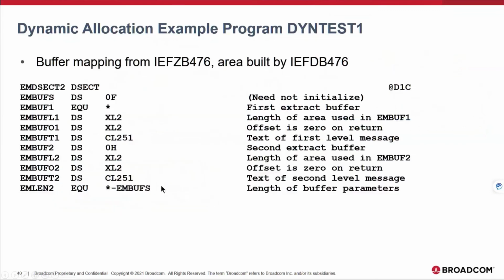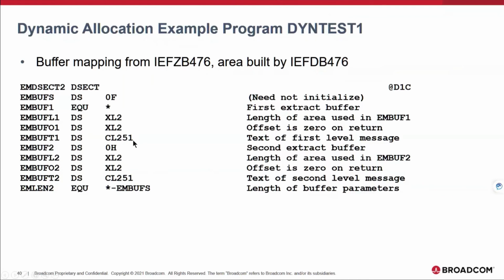And now we're going to use this second DSECT, the DSECT2 message. This DSECT maps the area in the buffer that he just formatted, and it's pretty simple. There is a length of this area, so you see there's 2 and 2 and 251.